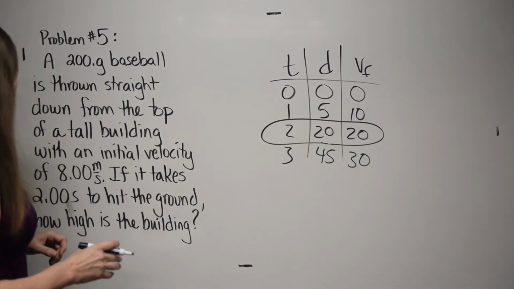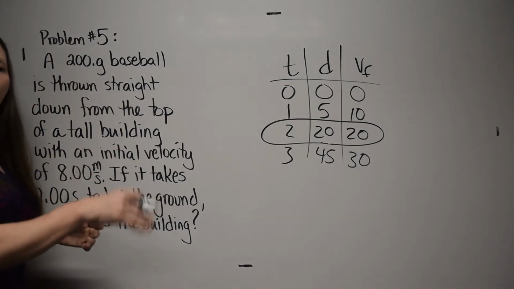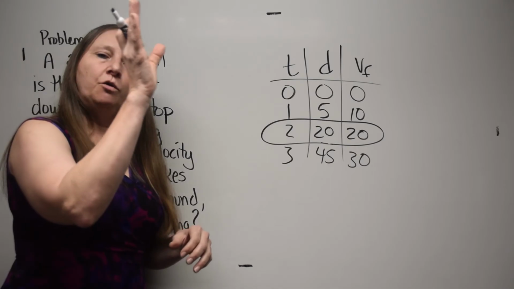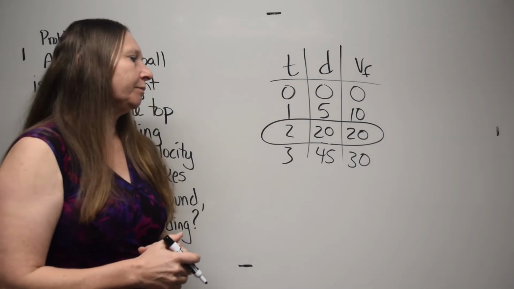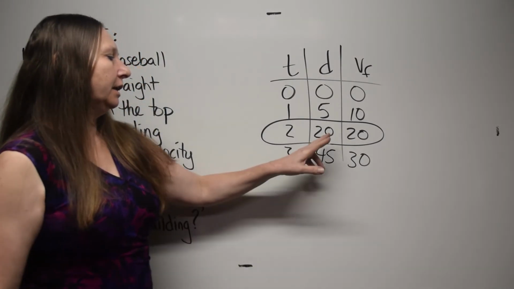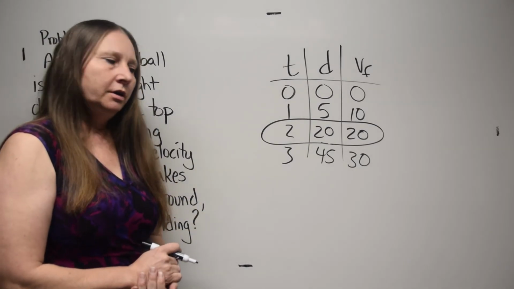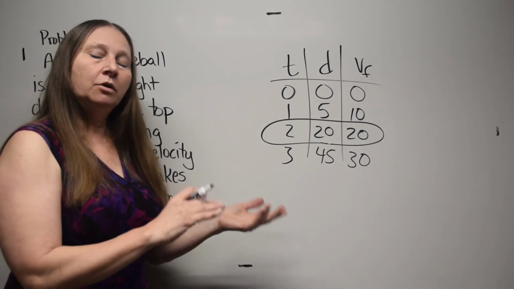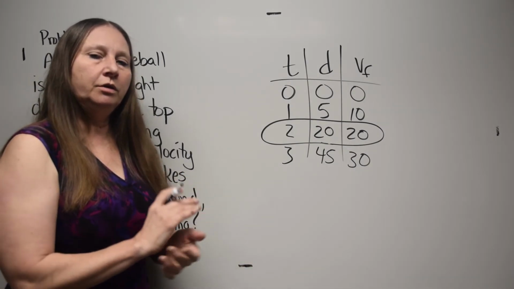But we gave it an initial velocity. We gave it a head start. We made it go faster at the beginning. So do you think that the distance it covers in that 2 seconds is going to be more than 20 or less than 20? What do you think?